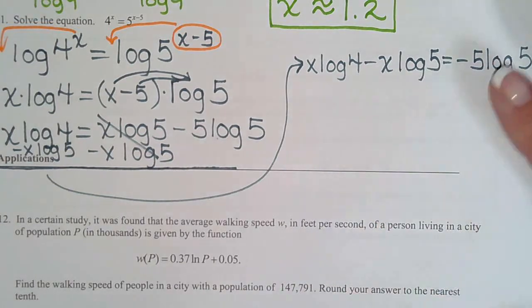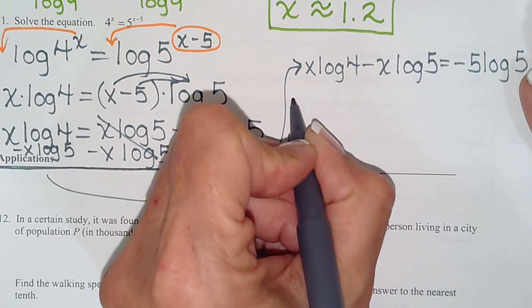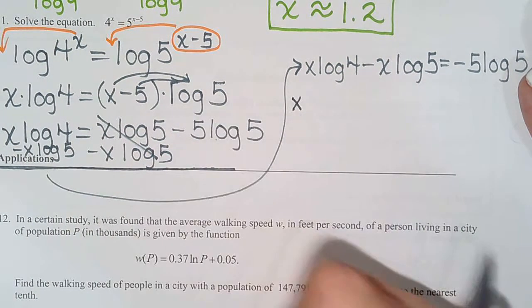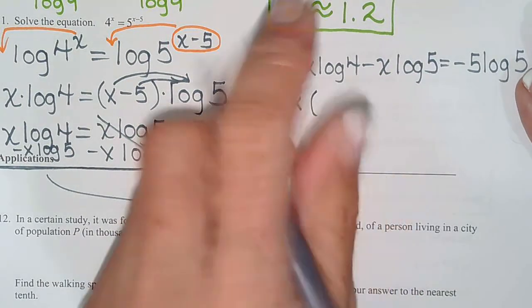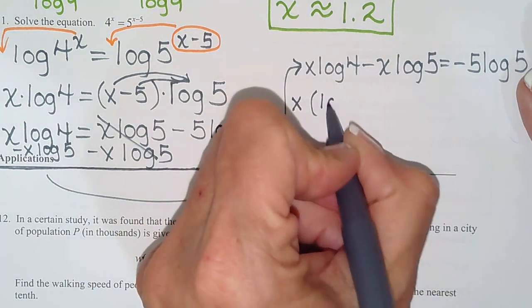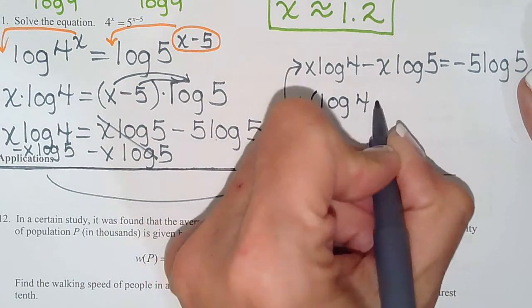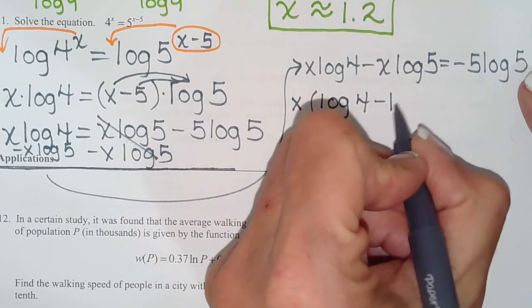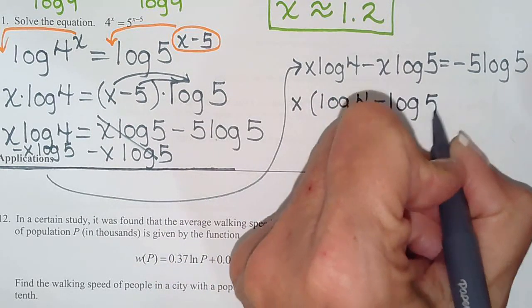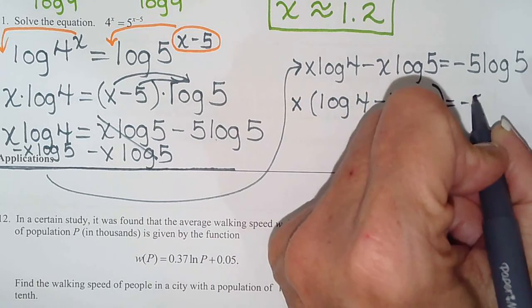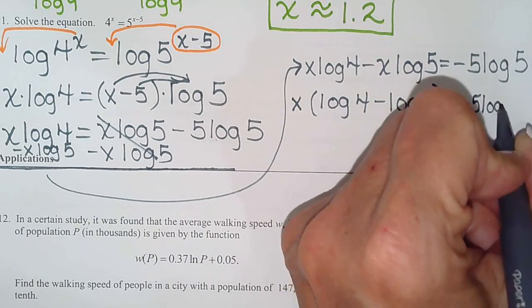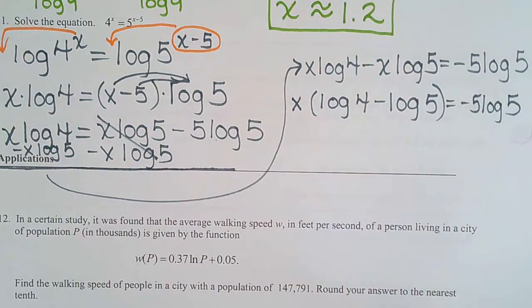It was something you've seen quite often. So you pull out the x as a GCF. If you take the x out of that term, it's going to be log of 4. If you take the x out of that term, it's going to be log of 5. And you probably don't know it yet, but you're only one step away from being done.